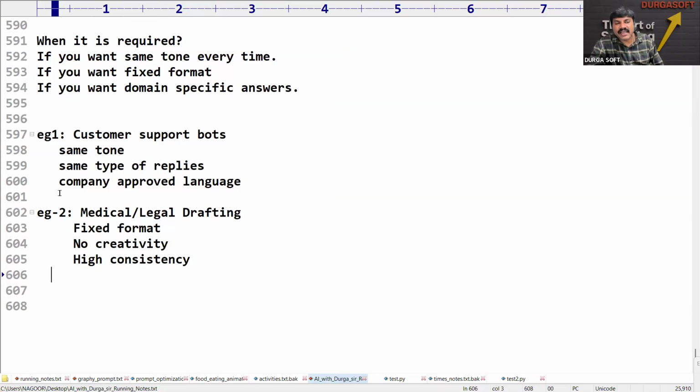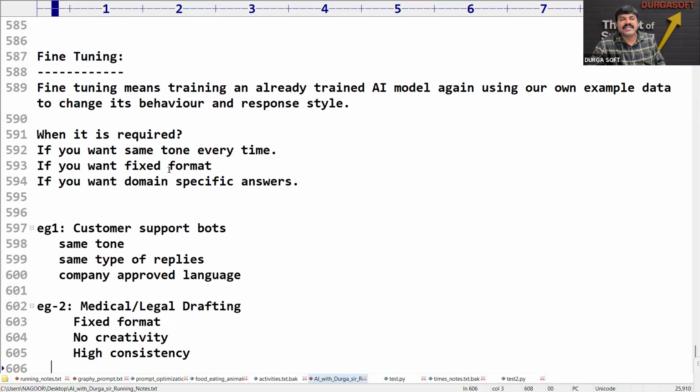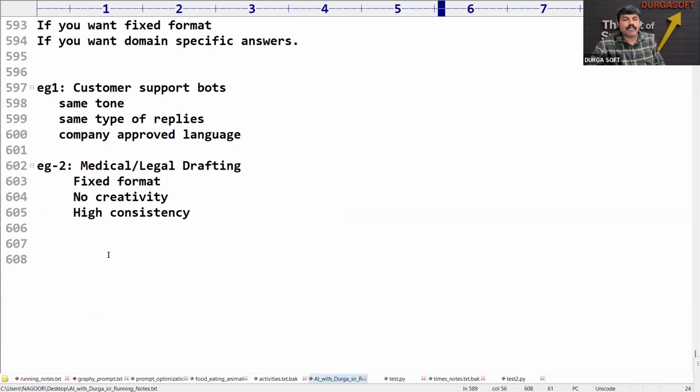Remember, just the example sake. So, if you want such type of customization, we require to train again, already trained AI model with our specific data. Remember this one? This process is by default considered as fine tuning. Okay, sir, already prompt is there. What is the need of fine tuning?